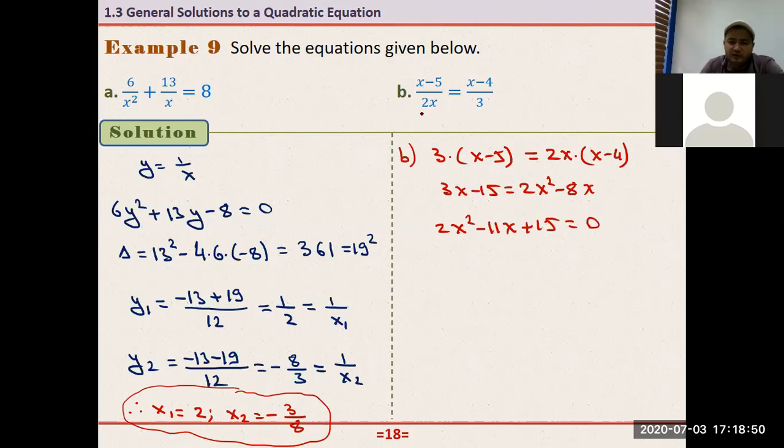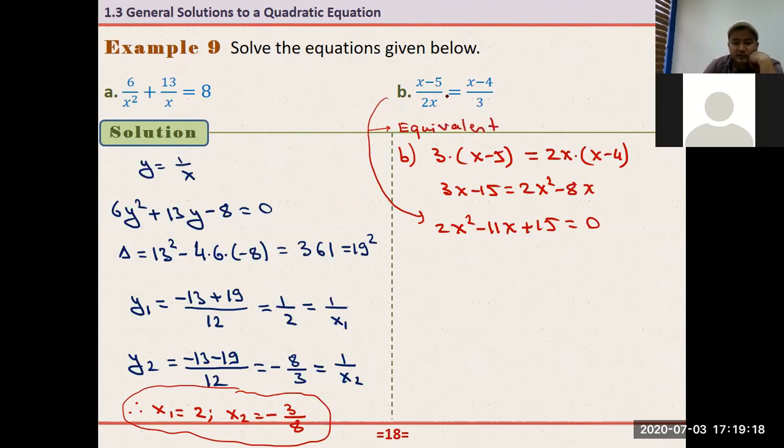Now we have converted the given equation into a quadratic equation. Actually, are these equations the same? Yes or no? In math, we call these equivalent equations.